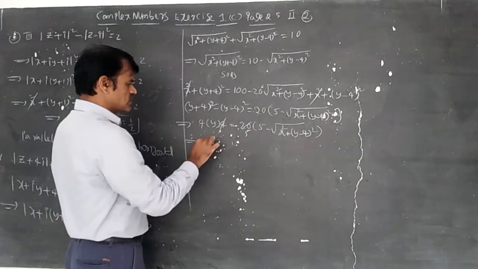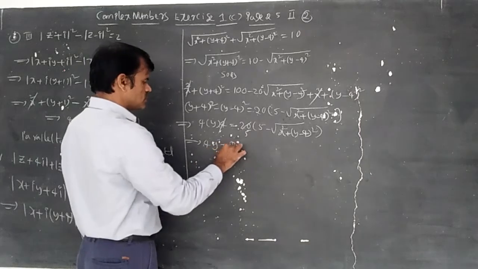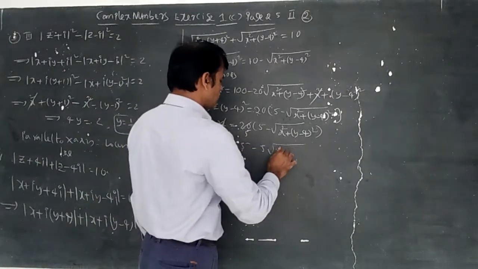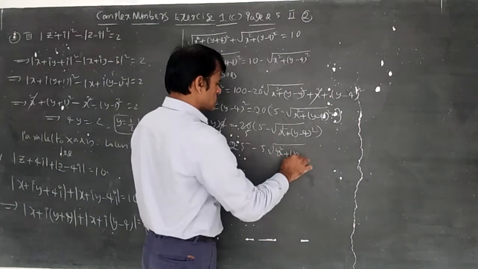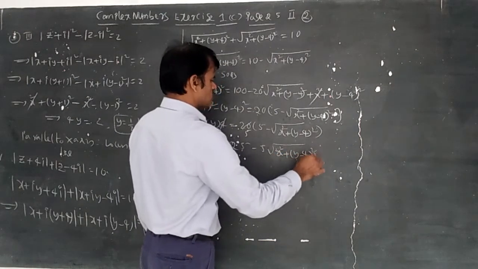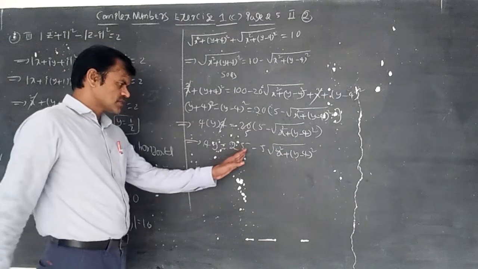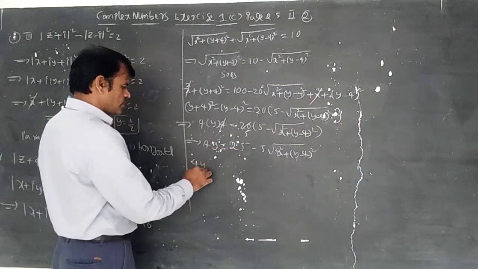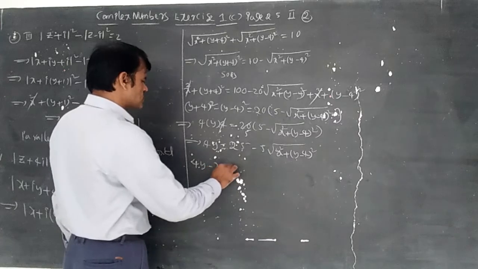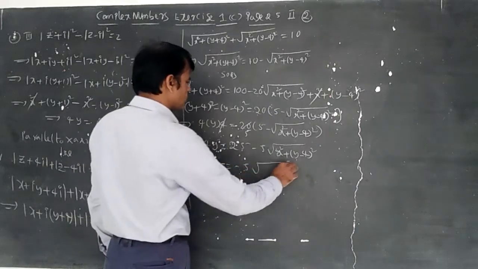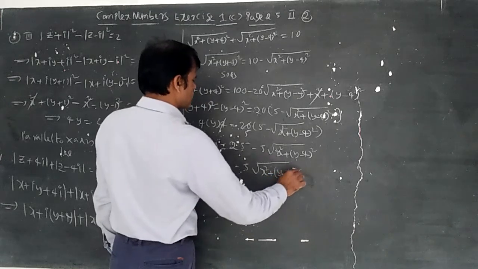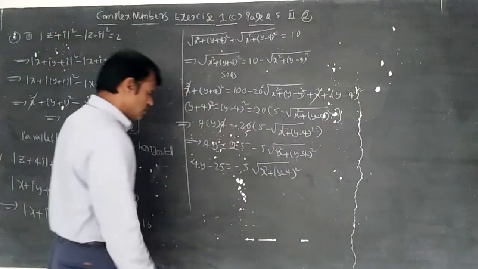That implies, next step you can write 4y is equal to 25 minus 5 root of x square plus y minus 4 whole square. That 25 taken left side, you write here 4y minus 25 is equal to minus 5 root of x square plus y minus 4 whole square.